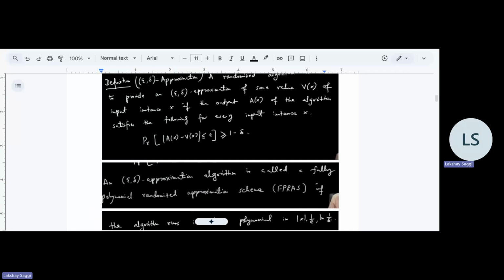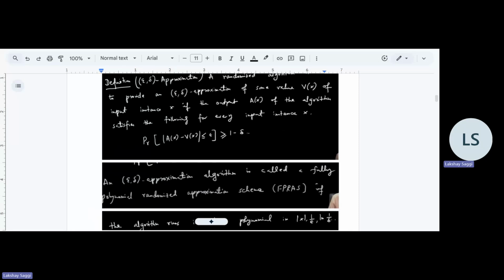What we are given is an input instance x, and for this given instance we need to estimate the value of v of x. But it might be that computing v of x is hard, and we are not able to compute it exactly.